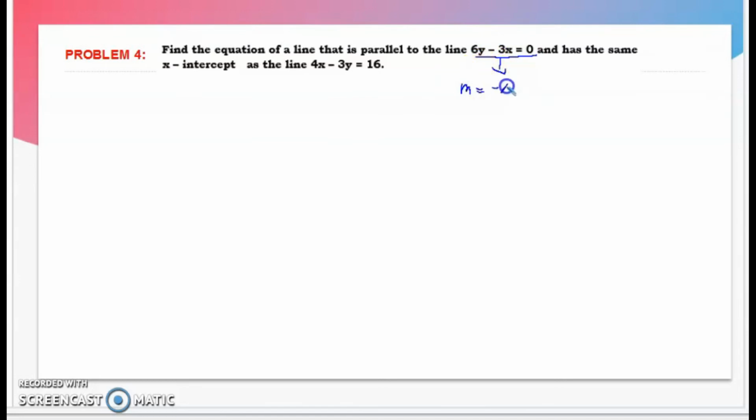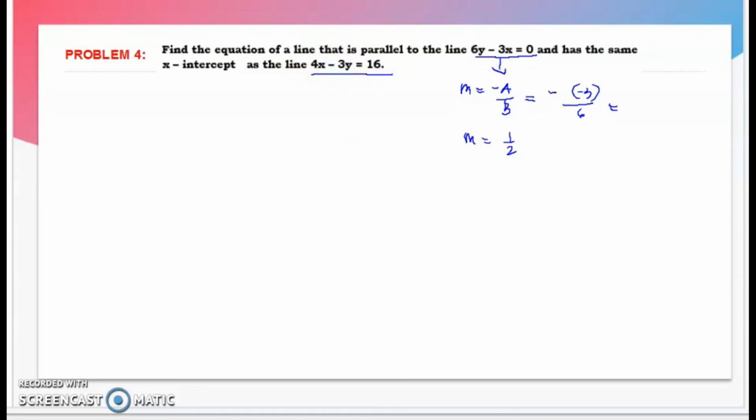So using negative a over b, which is equal to negative, where a is equal to negative 3, and then b is equal to 6. So therefore, the slope is equal to 1/2. And then, the unknown line has the same x-intercept as the line 4x minus 3y equals 16.